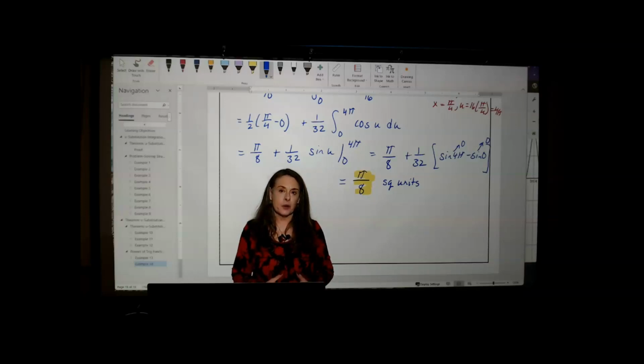In our next video, we'll be taking a look at how we integrate with exponential and logarithmic functions. You already know the antiderivatives, so it should be pretty straightforward to apply what we've learned about u-substitution, but with exponentials and with integrals that give rise to natural log. I'll see you for the next video.